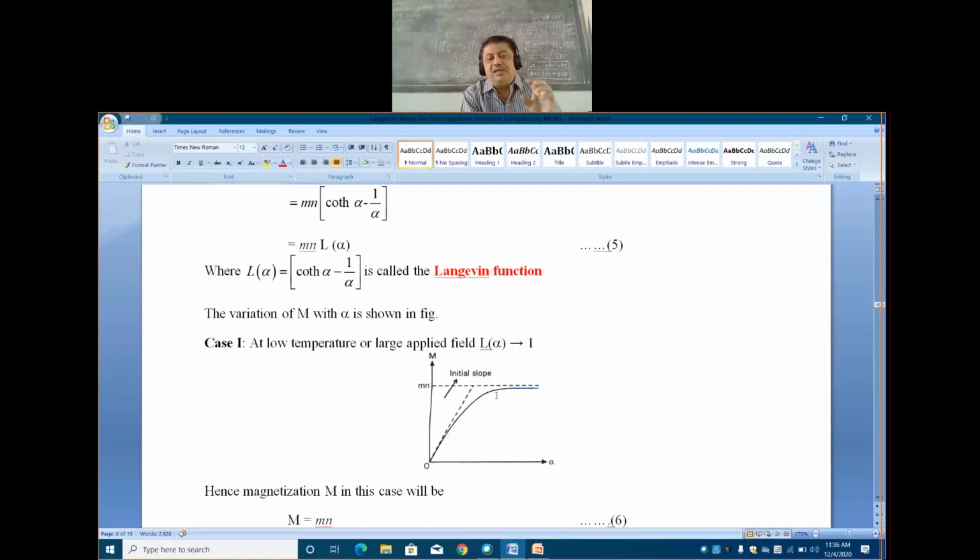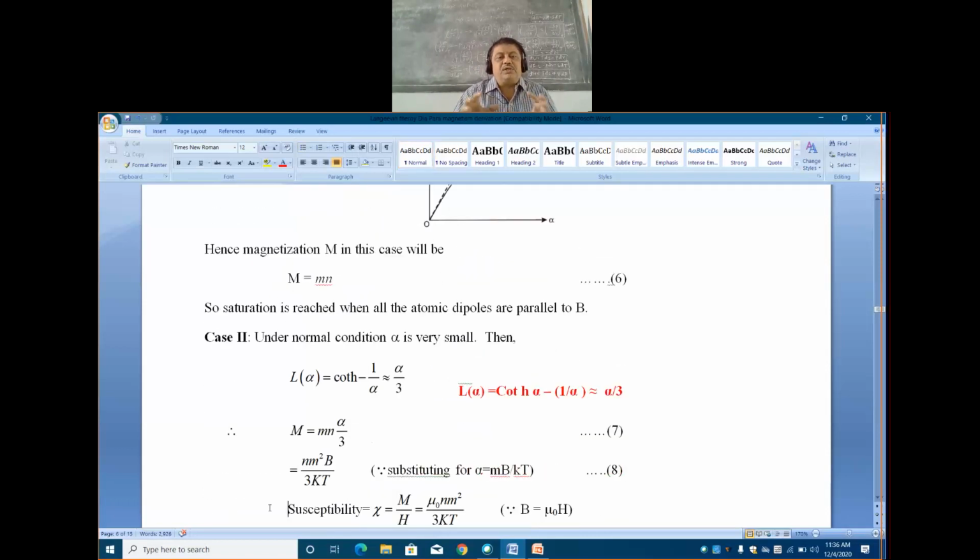In other cases there is a linear relation, increasing up to a certain point. So magnetization becomes mN, that is saturation. This saturation is because all the atomic dipoles are aligned parallel to the field. That is the property of paramagnetic materials.